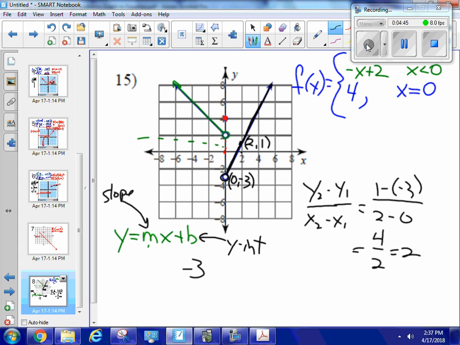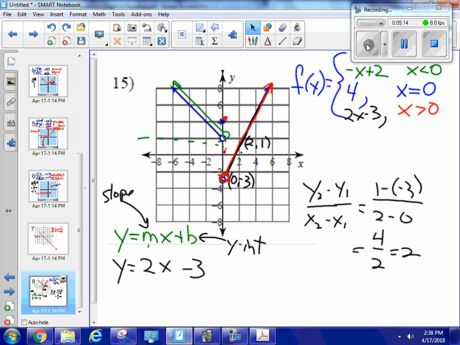And that looks reasonable enough. So this would be y equals 2x minus 3. Okay, so we'll put that here, 2x minus 3. But that is only, again, from 0, x is equal to 0, and then going on forever. So this is for where x is greater than 0.